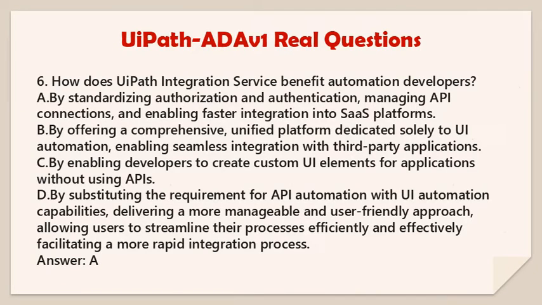C. By enabling developers to create custom UI elements for applications without using APIs. D. By substituting the requirement for API automation with UI automation capabilities, delivering a more manageable and user-friendly approach, allowing users to streamline their processes efficiently and effectively facilitating a more rapid integration process. Answer: A.